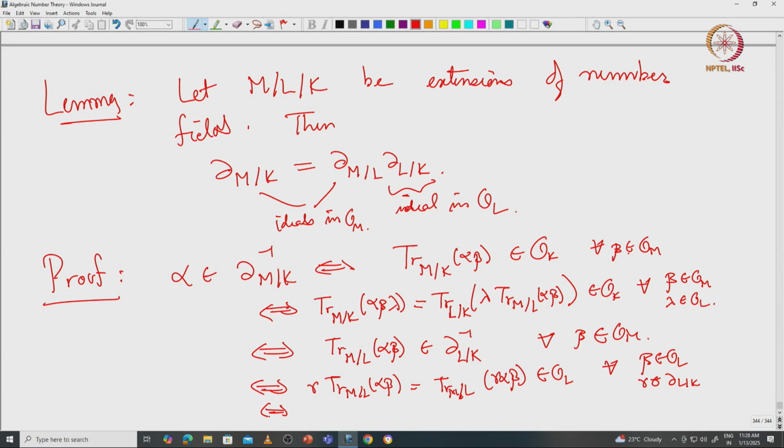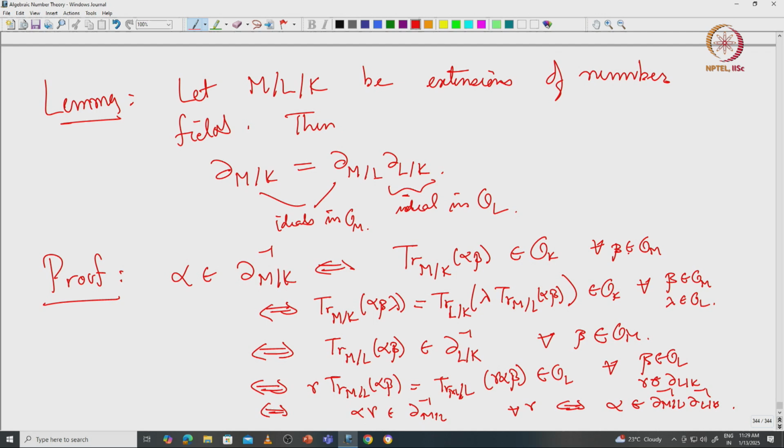So, this is the same as saying that alpha gamma belongs to the inverse of the different from M to L, for all gamma. This is the same as saying alpha belongs to the different of M over L inverse times the different of L over K inverse, because I am taking gamma inverse there, right.